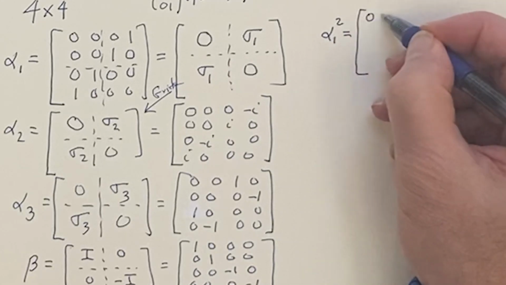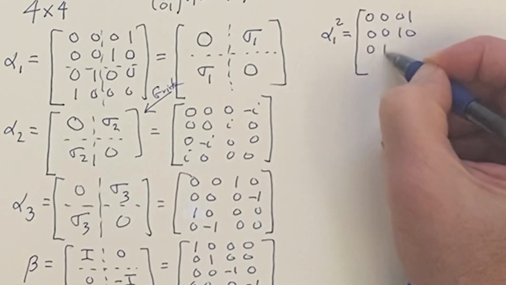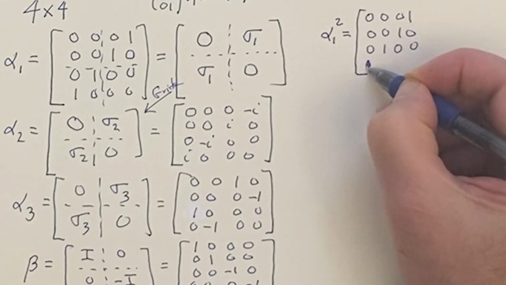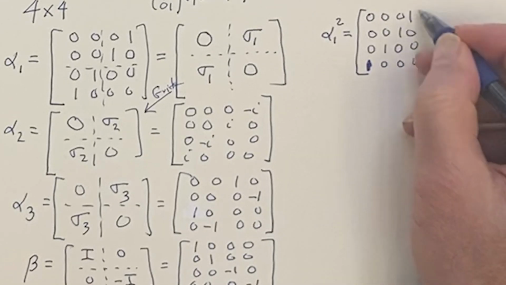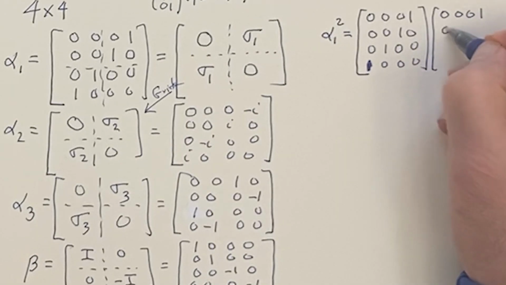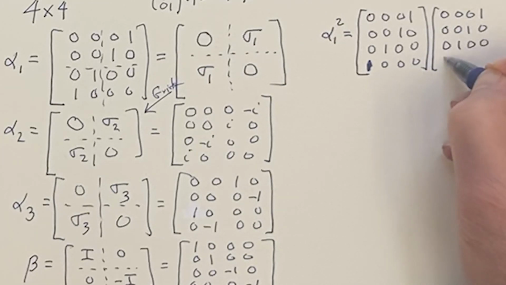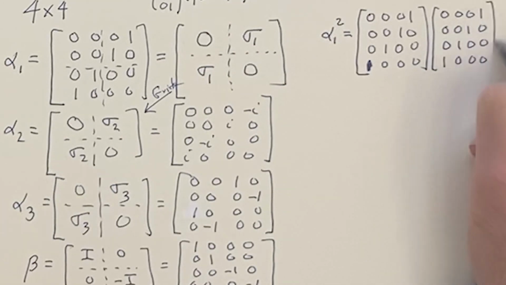So that would be 0, 0, 0, 1, 0, 0, 1, 0, 0, 1, 0, 0, and this is 1, 0, 0, 0. We put it down again, 0, 0, 0, 1. All right. Isn't physics wonderful with all the variety?